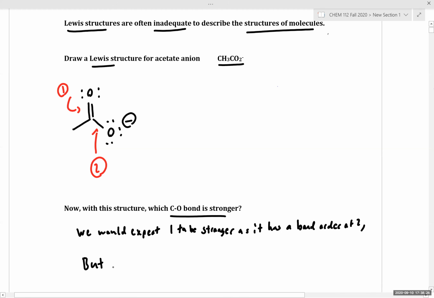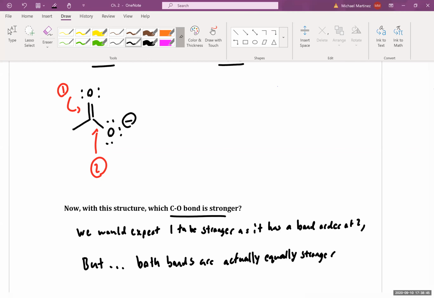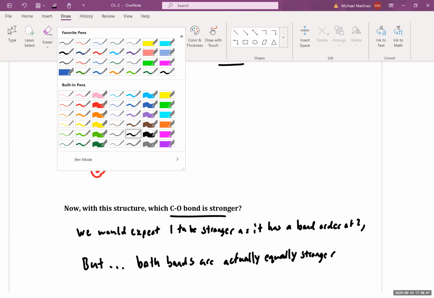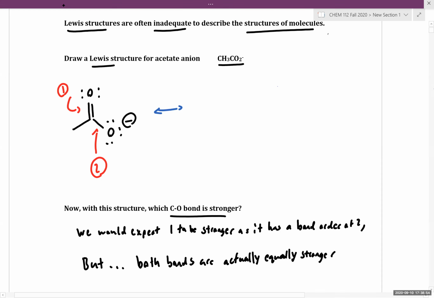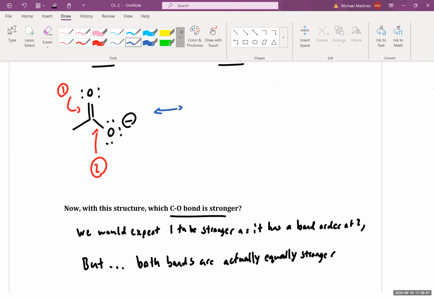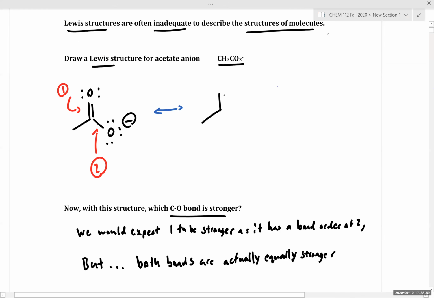But, and this is really critical, both bonds are actually equally strong. They have the same length and strength. And this is due to resonance effects, where in reality, the electron density found in this bond is evenly distributed across all atoms participating in resonance.